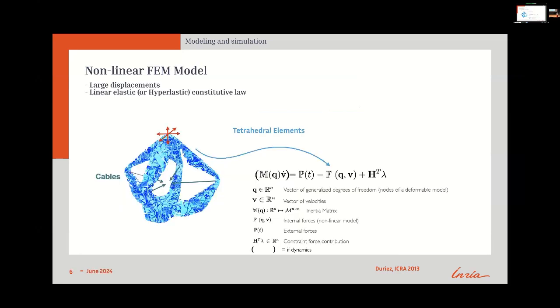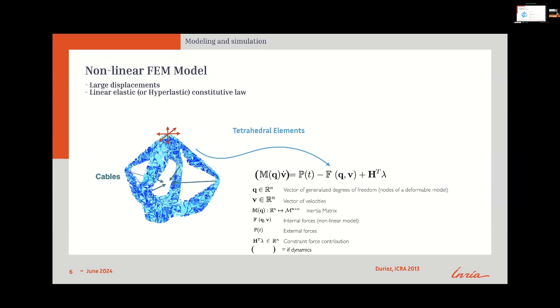So basically, when you write this FEM model, you end up with a system of equations. So here is the second Newton law, the classical Newton law, except that you have to follow Newton's law at each node of your mesh, so of course you have a lot of lines.